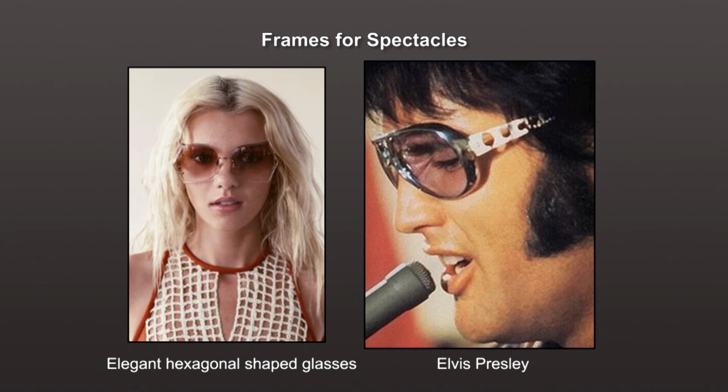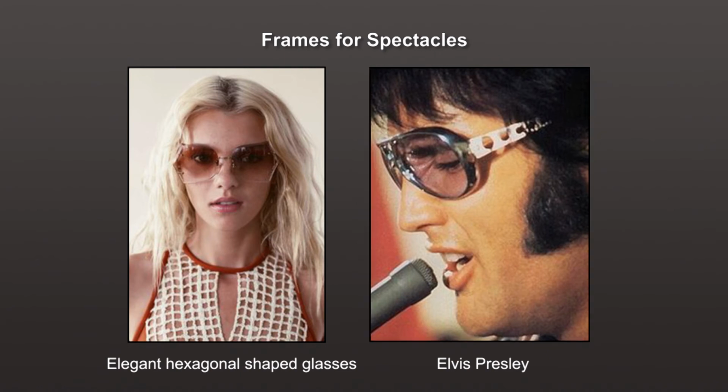He was regarded as one of the most significant cultural icons of the 20th century. He is often referred to as the king of rock and roll. We can see that Elvis Presley is also wearing aviator shaped thick framed glasses.